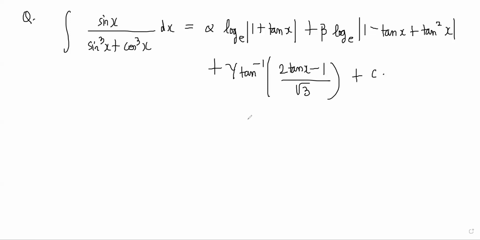You have to find alpha, beta, gamma basically. Find the value of 18 times alpha plus beta plus gamma square.